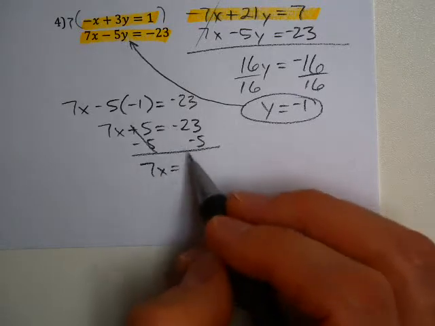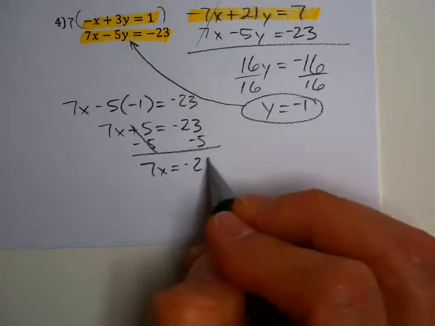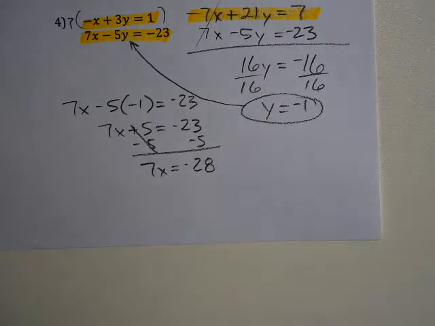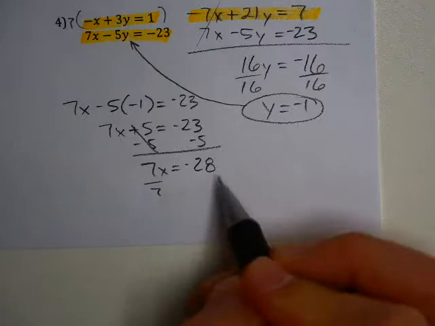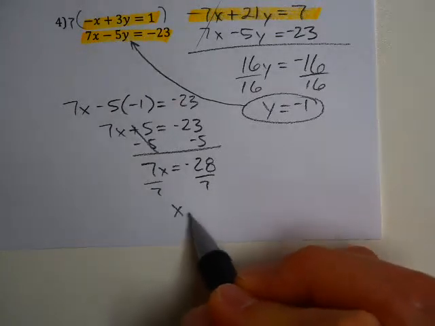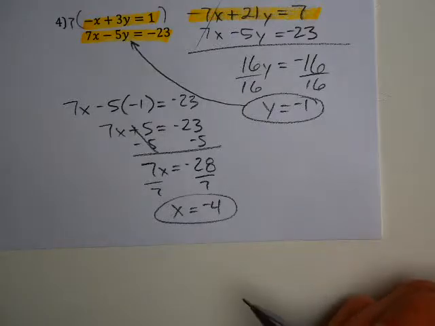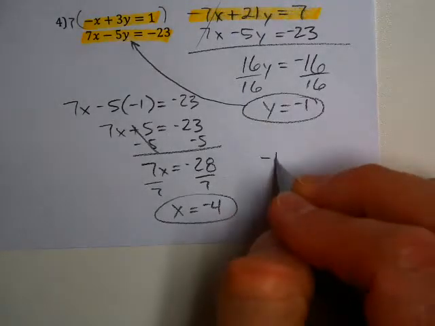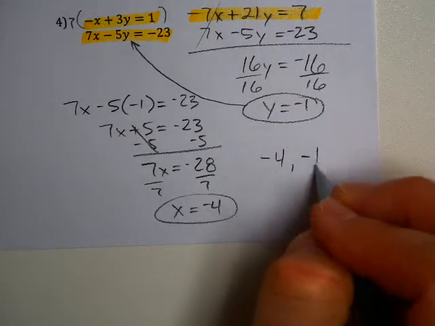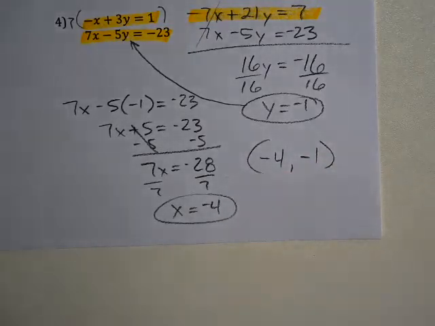And that's going to be, you've got to add those guys, negative 28. Divide by 7. So that gives me a negative 4, negative 1 for the point where those two cross.